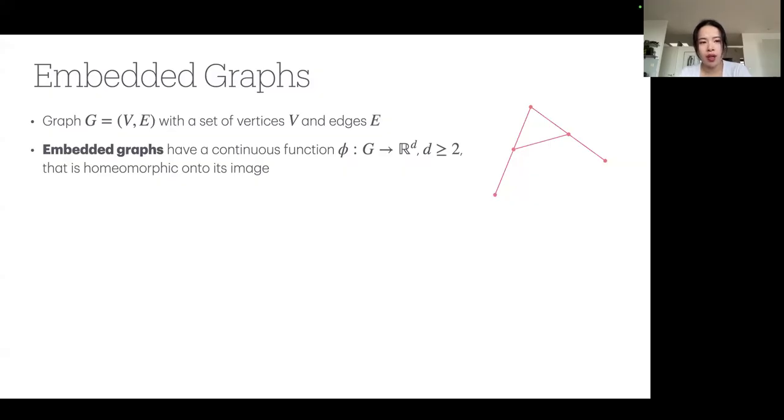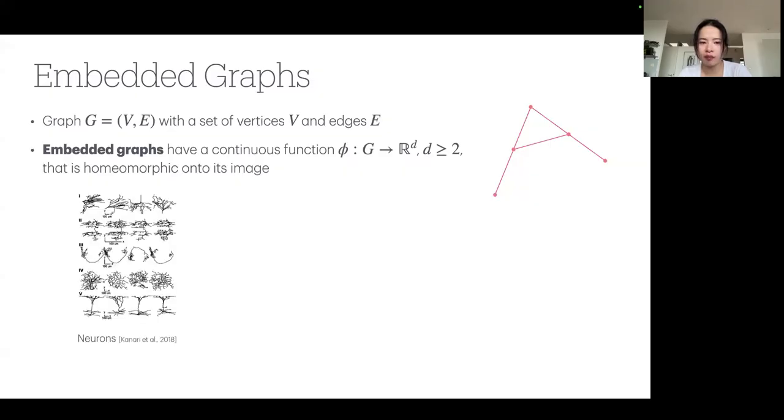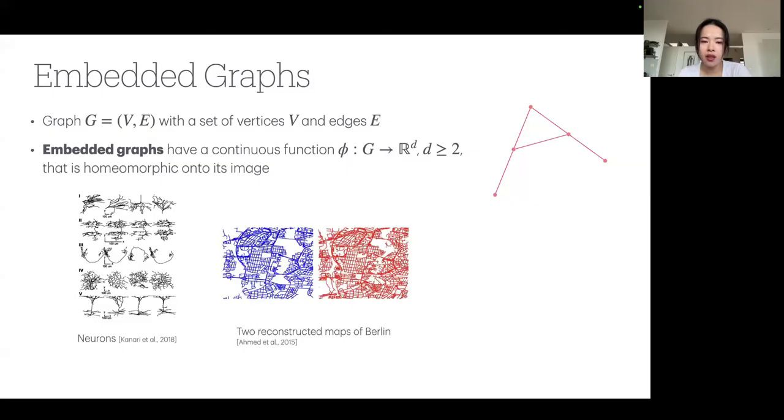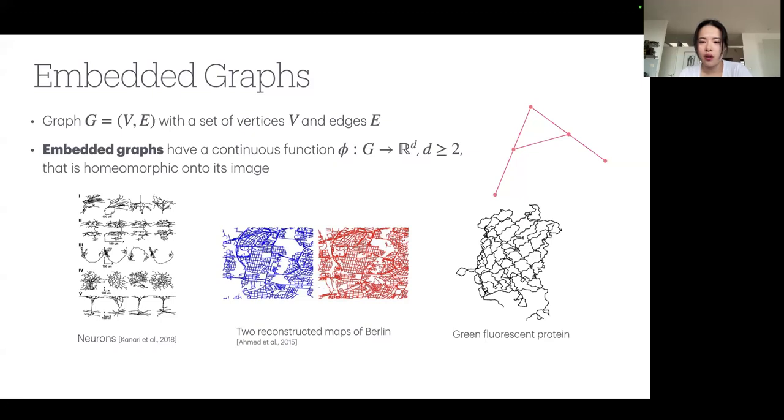It's useful to compare embedded graphs in real-world data, as it can be used to classify neurons, for example, or we can use embedded graph comparisons to compare two reconstructed maps of the same city from different time periods to quantify how much the city has changed over the years, or we can use it to study protein functions.